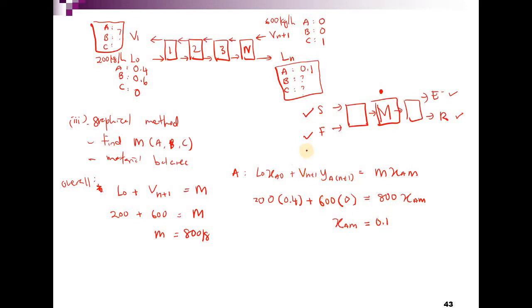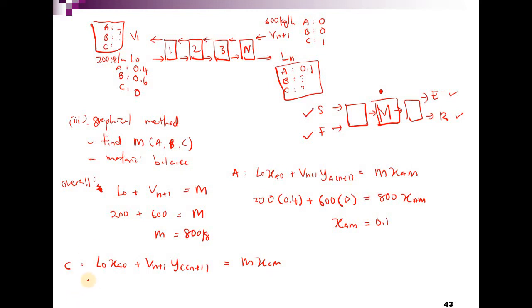Let's find another coordinate for M, because M contains all three components A, B and C. Next, let's find component C. For component C, you change A to C: L0 XC0 plus Vn+1 YC,n+1 is equal to M XCM.